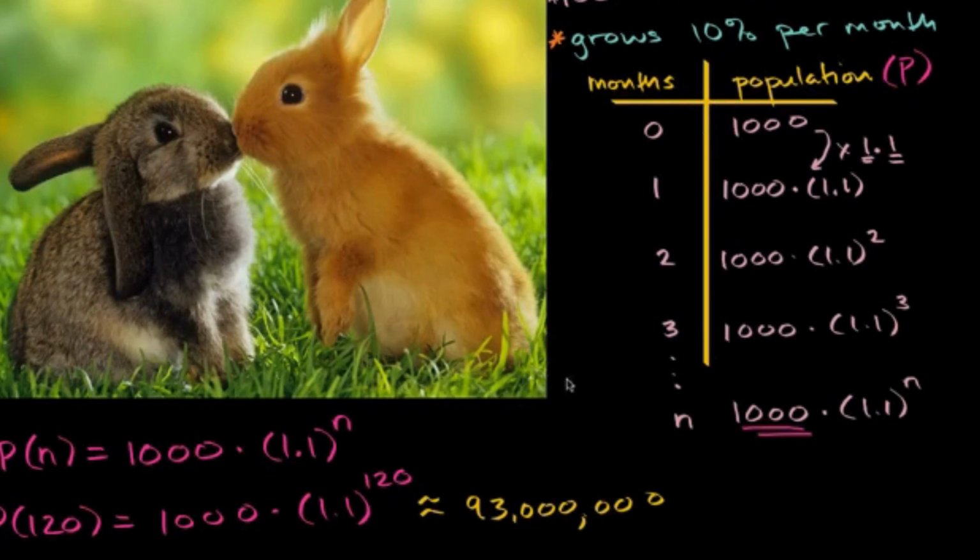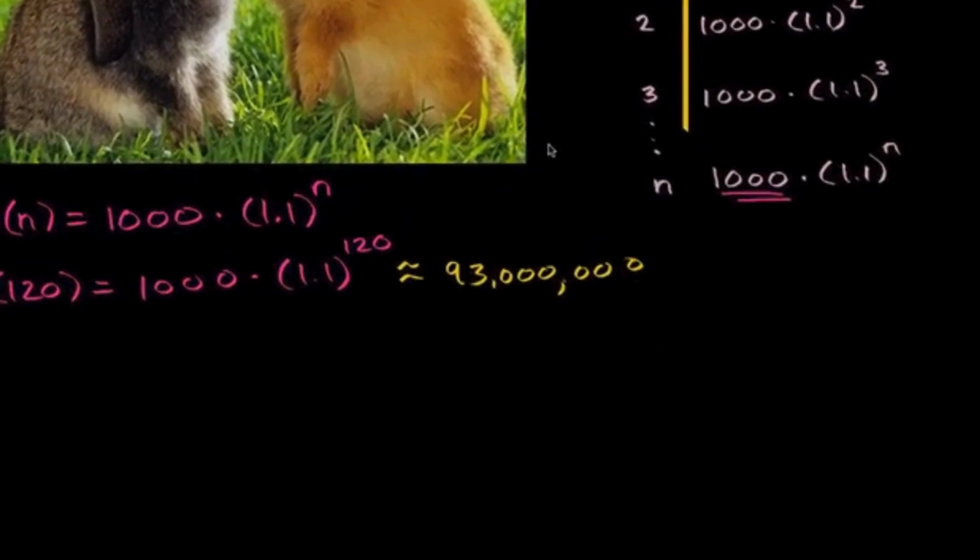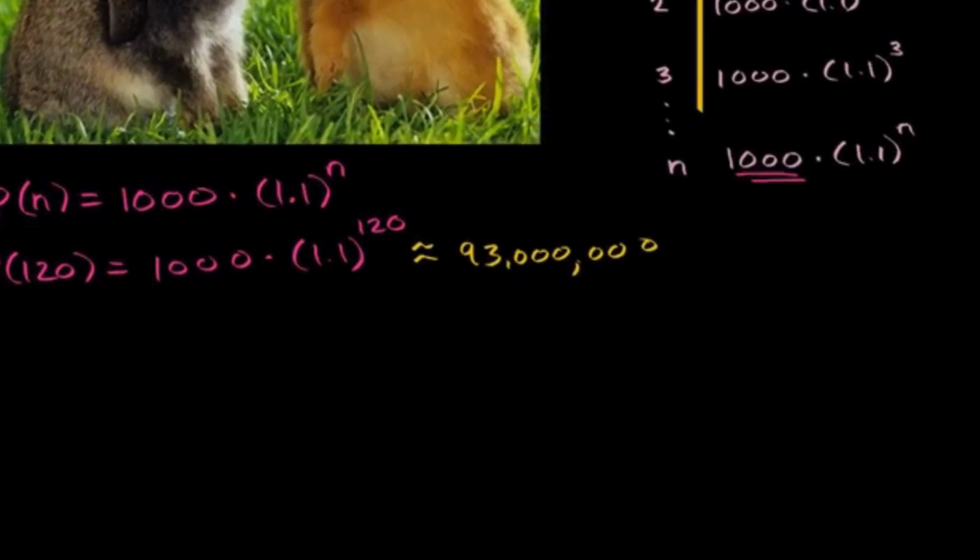And if you were to plot something like this out, if you were to plot the rabbit population with respect to time, you would see a graph that looks, let me draw it. So this axis is time, say in months. In this axis, you have your population.